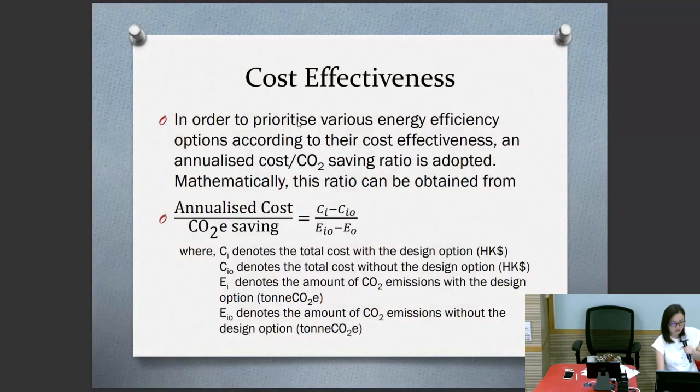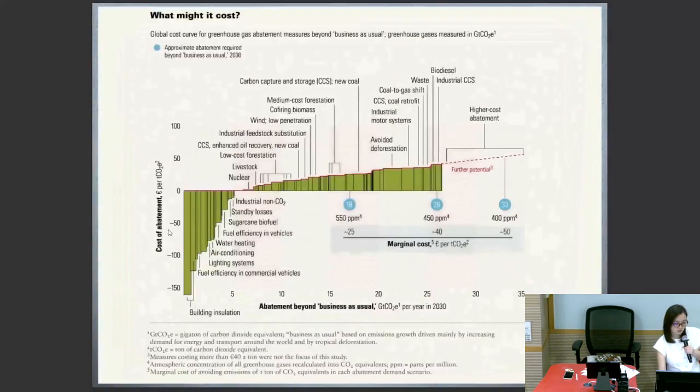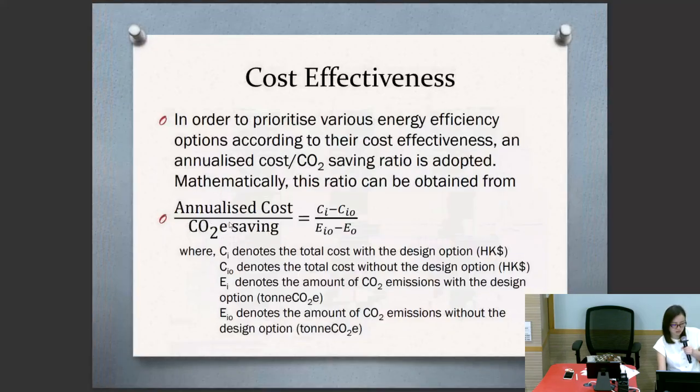In order to prioritize various energy efficiency options according to their cost effectiveness, an annualized cost divided by the carbon dioxide equivalent saving ratio is adopted. So we may use this equation to calculate this ratio. Actually this is similar to the y-axis, the cost of abatement for every ton of carbon dioxide equivalent.